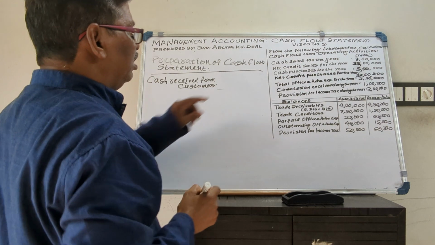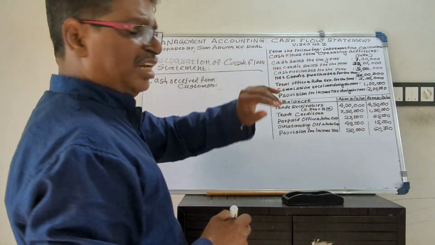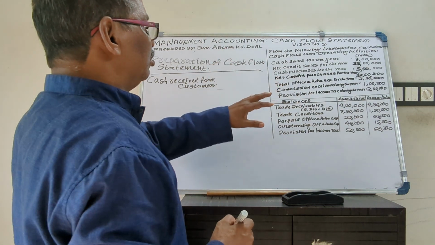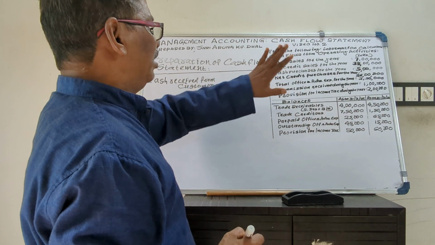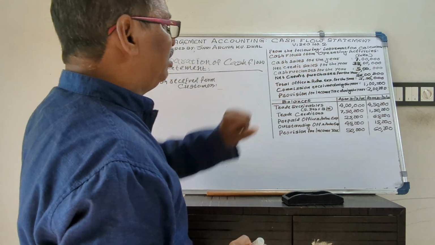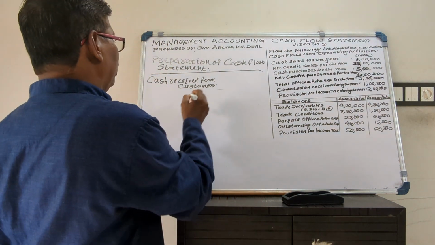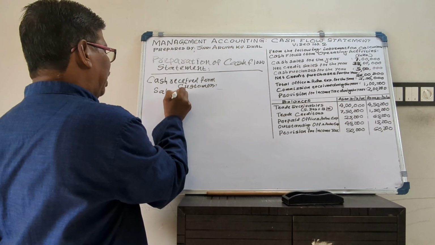It is written cash sales 7 lakh, net credit sales 30 lakh. Net credit sales means goods sold on credit basis less sales return or return inward. The net is 38 lakhs. So total sales during the year is 45 lakhs. So cash received from customers out of sales is 45 lakhs.